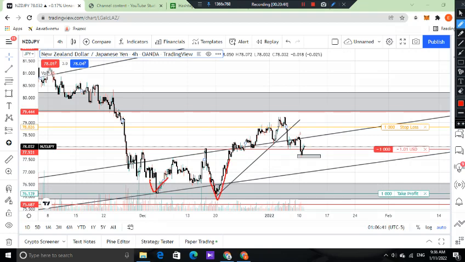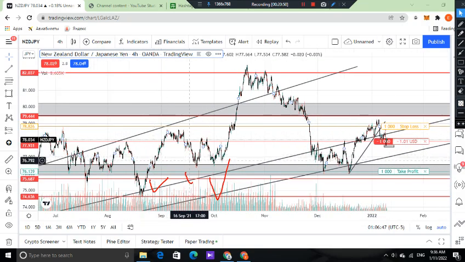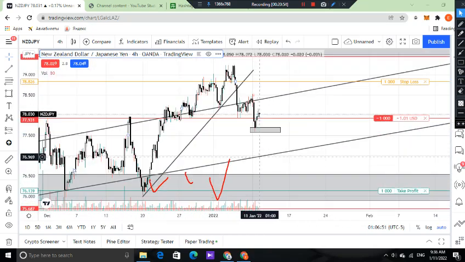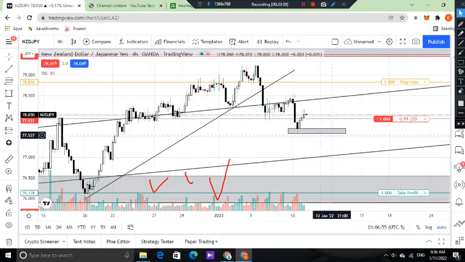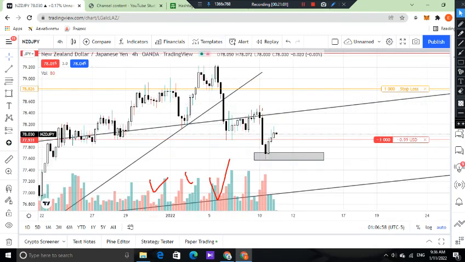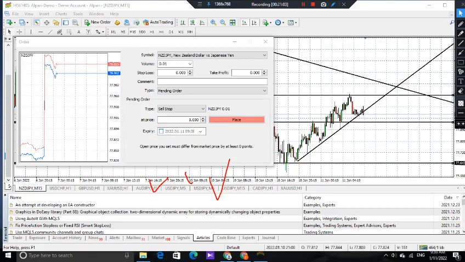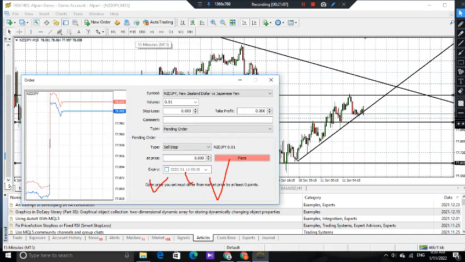The latest ones are this one. We have 3 of them and 3 of them here, and a lot of reversals at this level. You can see it. Yeah, I decided to scalp this one in the 15-minute time frame.